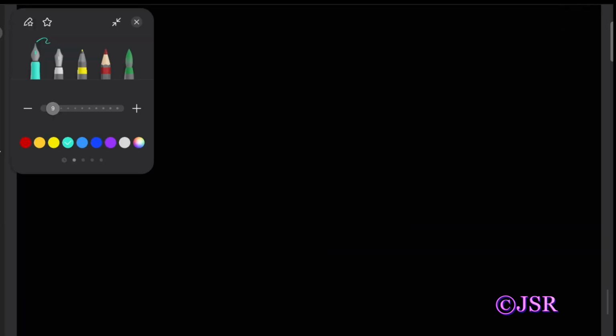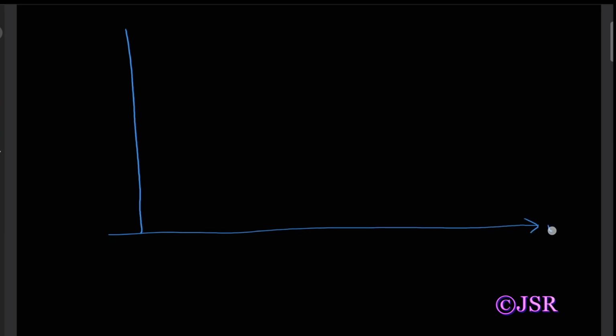So now let's plot the gain plot. So here in the x-axis we have omega tau, and in the y-axis we have AR upon Kp.